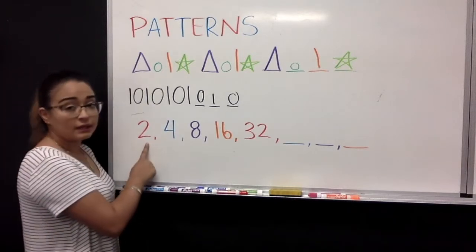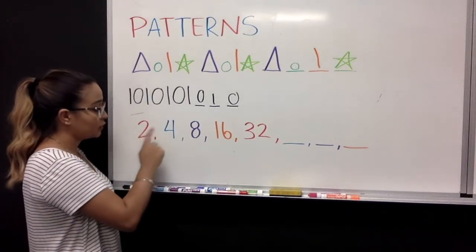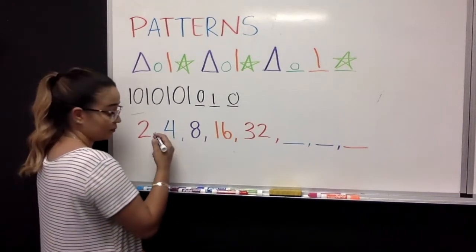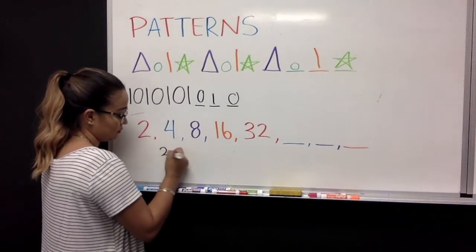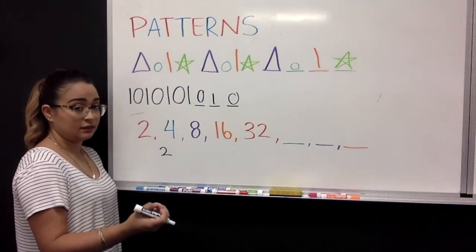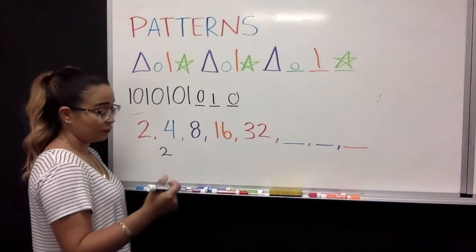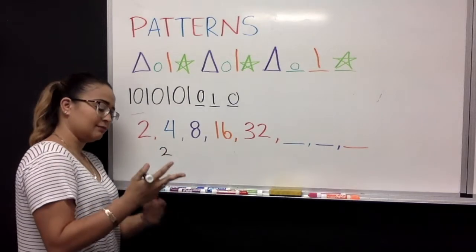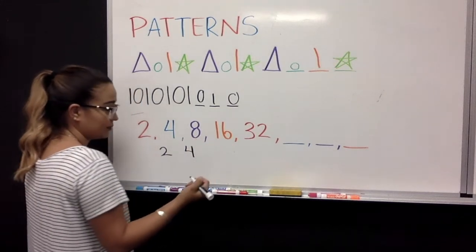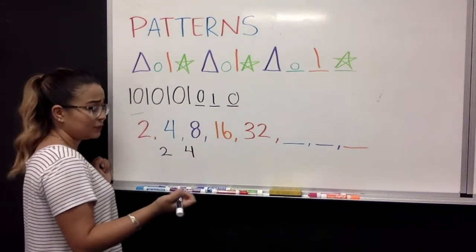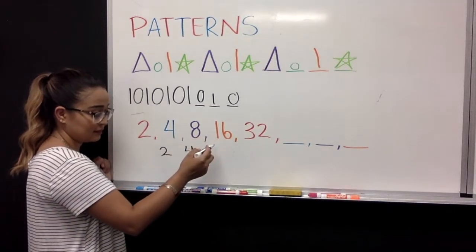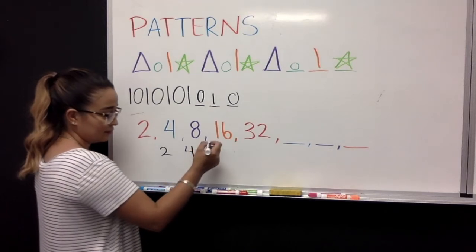So how many numbers are there between 2 and 4? 2. How many numbers are there between 4 and 8? 4, 5, 6, 7, 8. That's 4. How many numbers are between 8 and 16? 8.